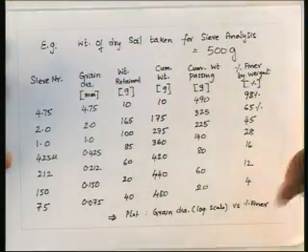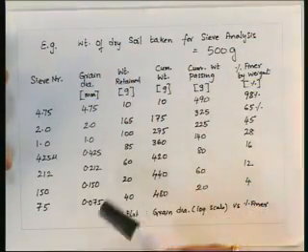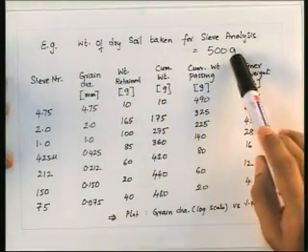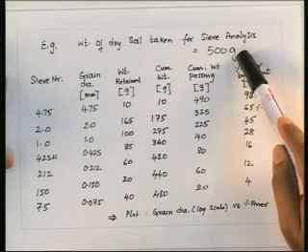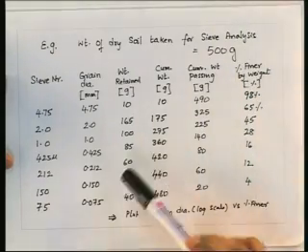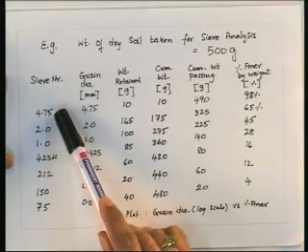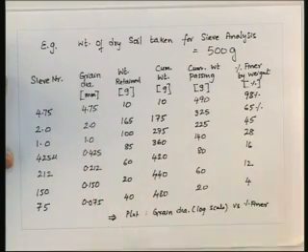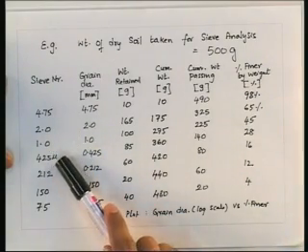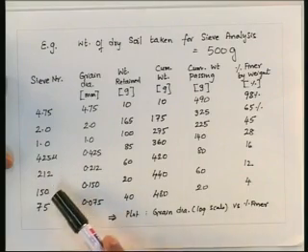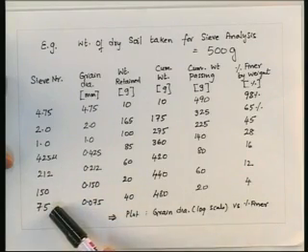For example, let us assume that we have taken a dry soil of 500 grams in weight. Let us assume that we have sieves like 4.75 mm, 2 mm, 1 mm, 425 micron, 212 micron, 150 micron and 75 micron.